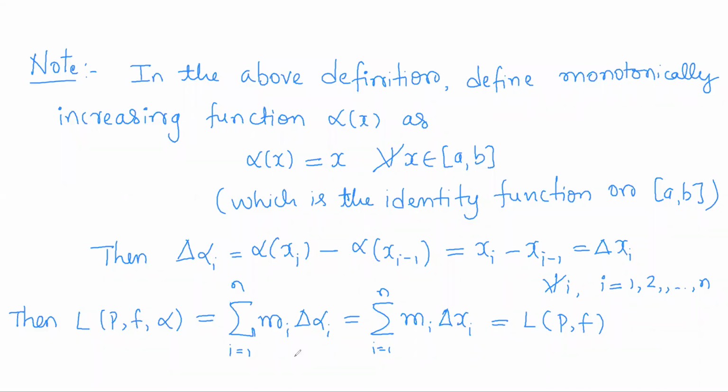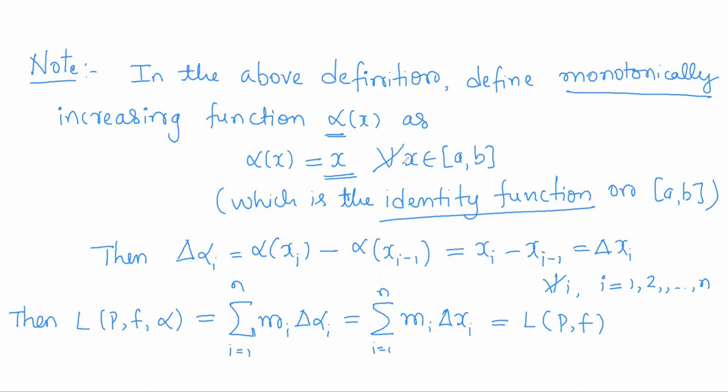Now we shall see a similarity between the Riemann-Stieltjes integral and the Riemann integral. In the above definition of the Riemann-Stieltjes integral, in place of the monotonically increasing function alpha, consider the identity function. That is, take alpha of x to be x itself, which is an example of an increasing function.